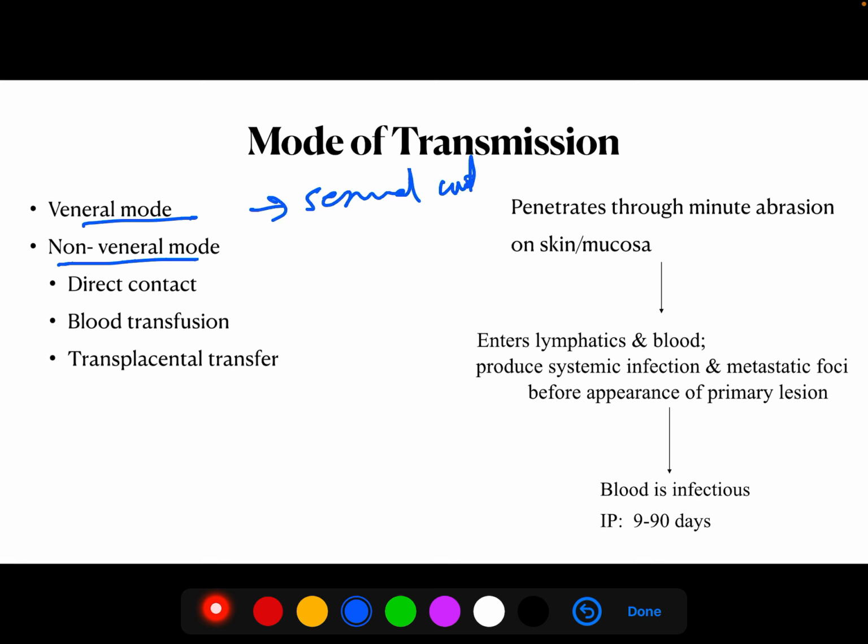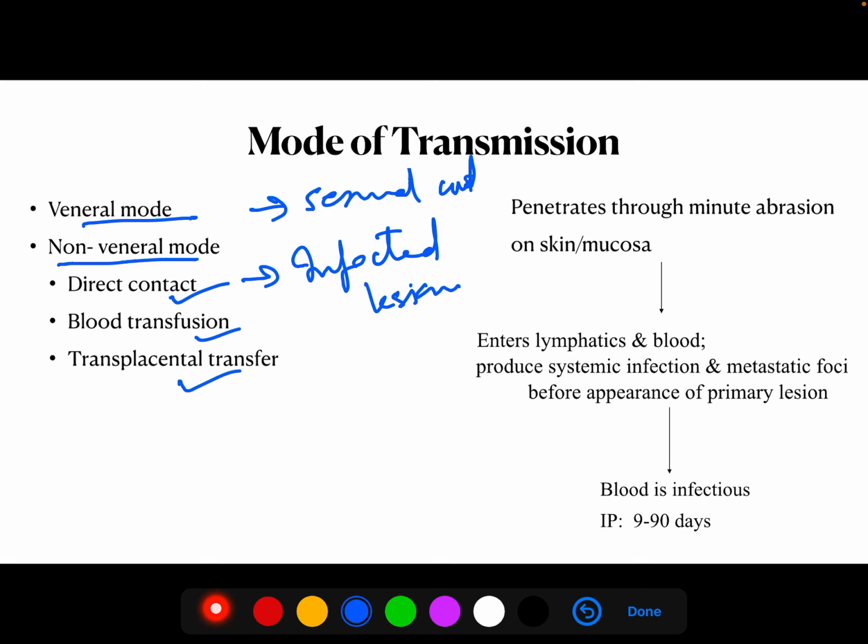However, the other modes are by direct contact with the infected lesion, which contains the bacteria, or it can be transmitted through blood transfusion, or through transplacental transfer, that is from the infected mother to the fetus.